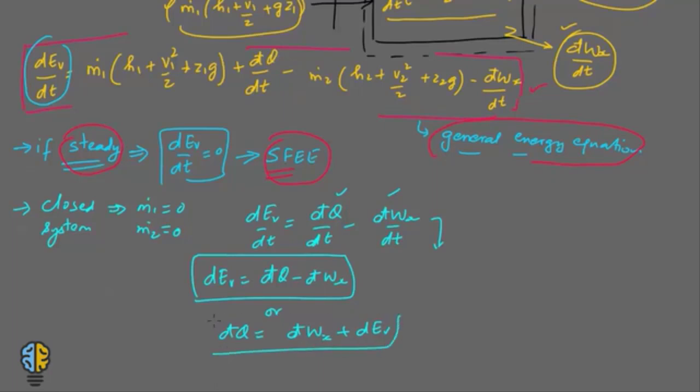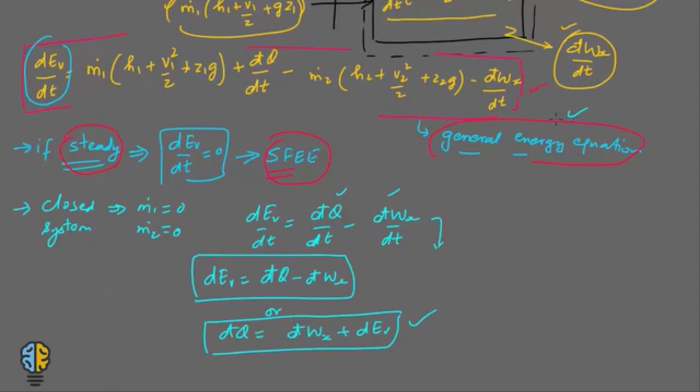This is the definition of the first law of thermodynamics. So if you have to analyze an unsteady system which is a closed system, you can straight away apply the first law of thermodynamics. But if you have an unsteady open system, then you have to use the general energy equation.